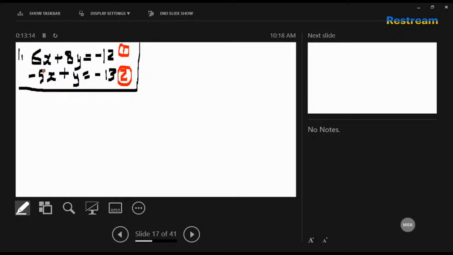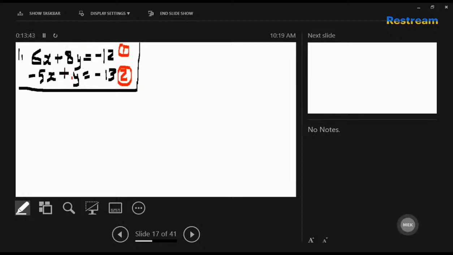So we're multiplying equation 1 by 5 and equation 2 by 6. Or if we choose to work with the y's, we would multiply equation 1 by 1 and equation 2 by 8. So you're multiplying each equation by the coefficient of the opposite variable.